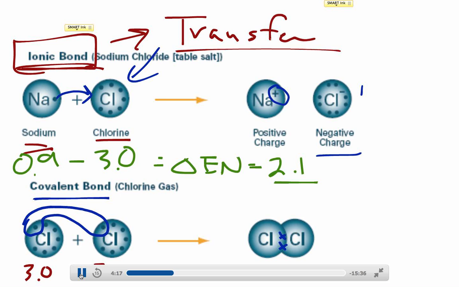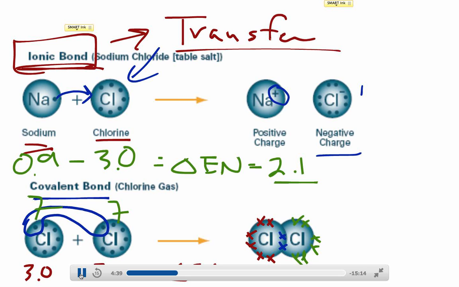So they have the 2 that are shared between them, and both of them still have their 1, 2, 3, 4, 5, 6 of their own. If they have 7 each and they share a pair, they'll keep 6 of their own. Then they'll have 2 as a shared pair, but that way they achieve an octet.